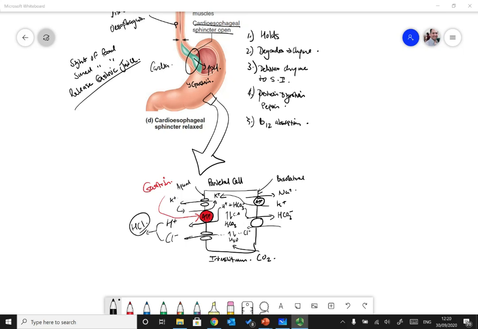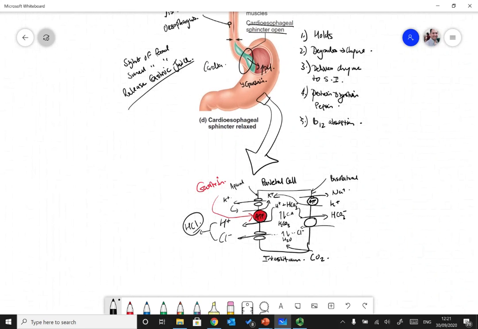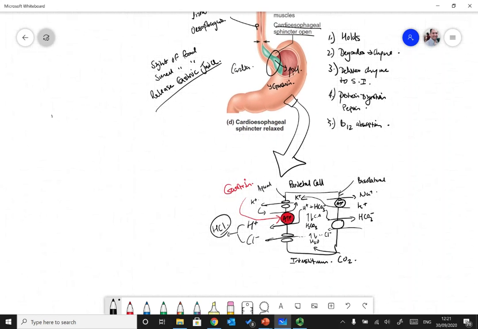So what else does gastrin do? Gastrin's got a couple of jobs. First things first, it's released by the stomach mucosa, and then what does it do?